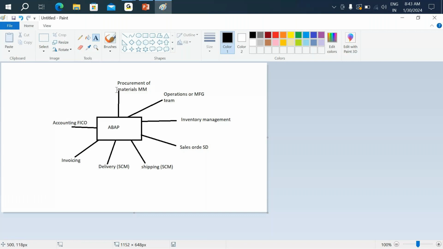For example, if the average consultant count of all your functional modules is, let's say, three people, you will have times three of that in your ABAP team. That means if the average count is three, you'll have at least nine people in your ABAP team. You will have at least three times what the other functional teams have in their teams, right?